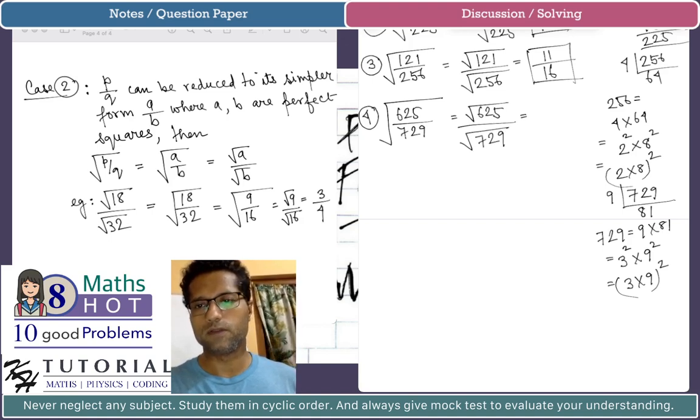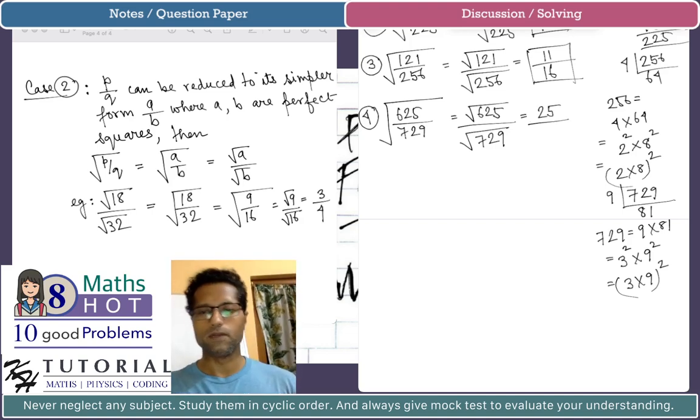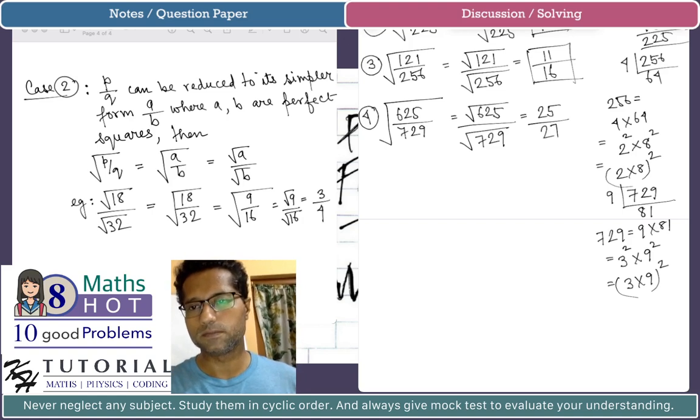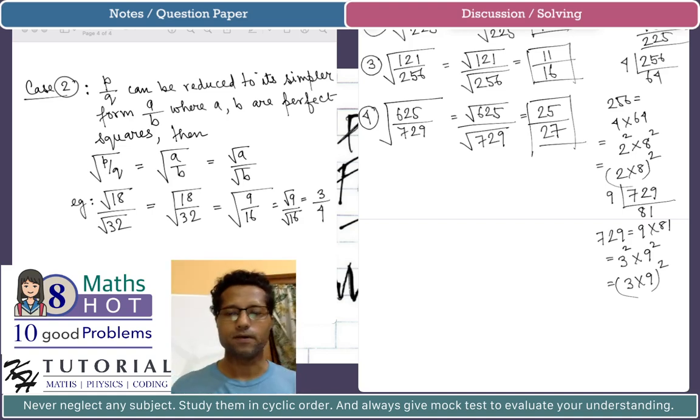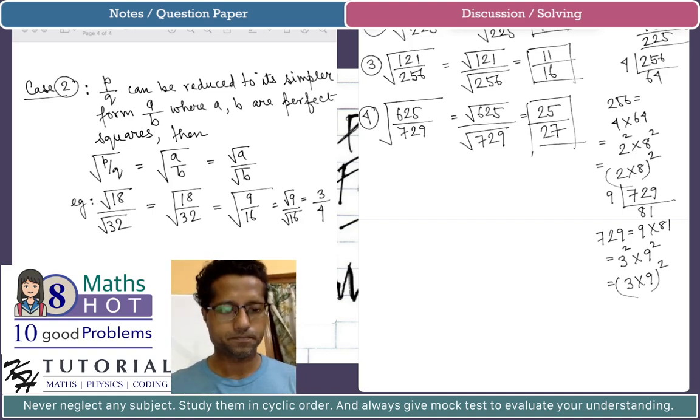Square root of 625 is 25, I know, and the square root of 729 will be 3 into 9, that is 27. Okay, let's do problem number 5.